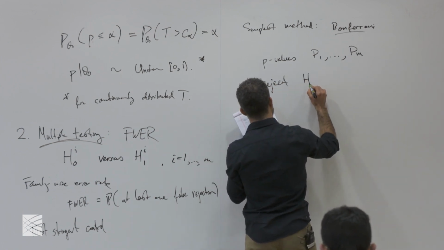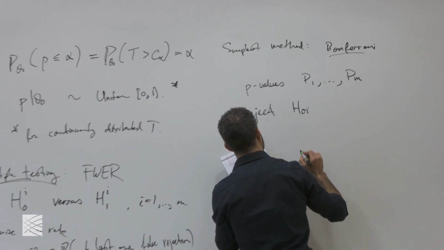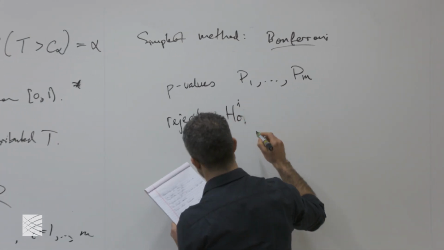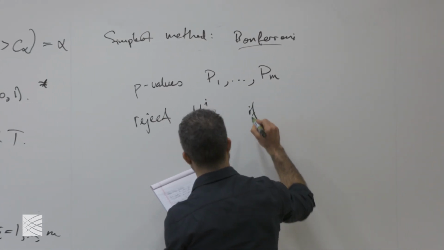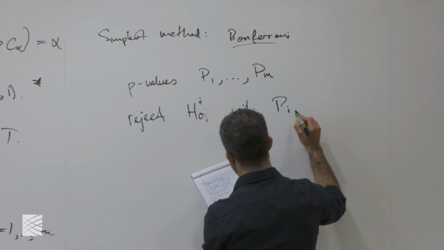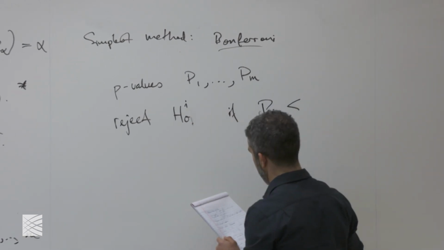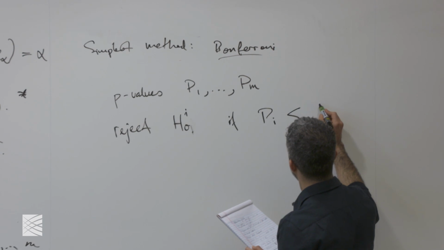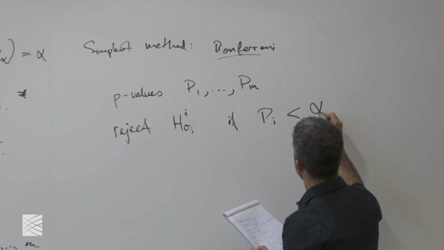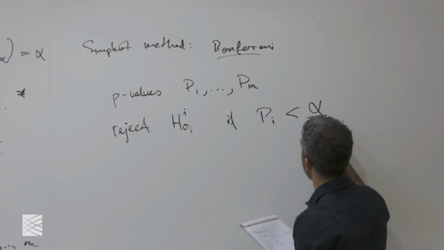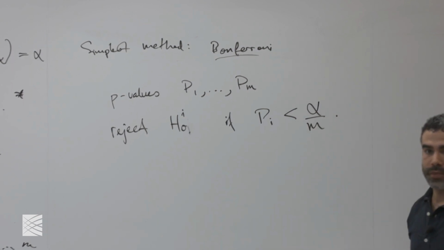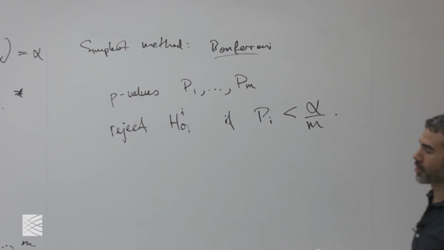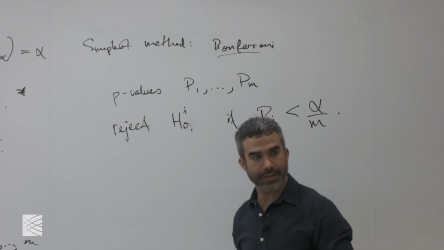And you reject the ith null hypothesis if p_i is less than not alpha, but alpha divided by m. Okay, you adjust the significance threshold by dividing it by the number of tests.